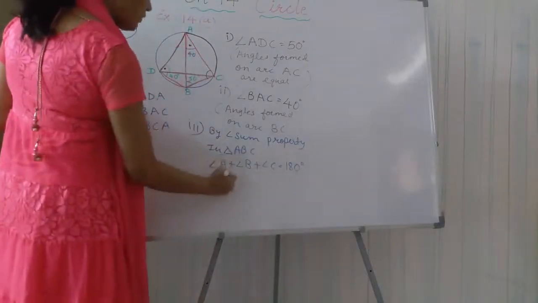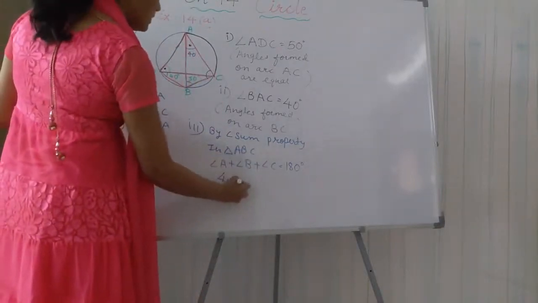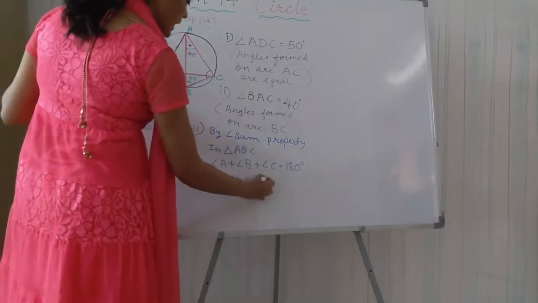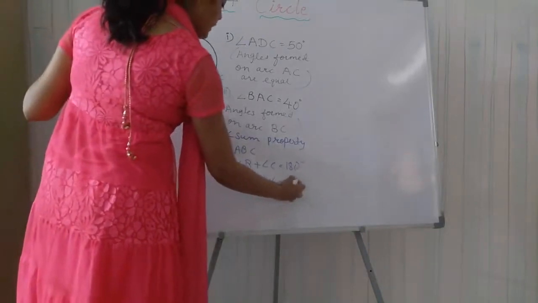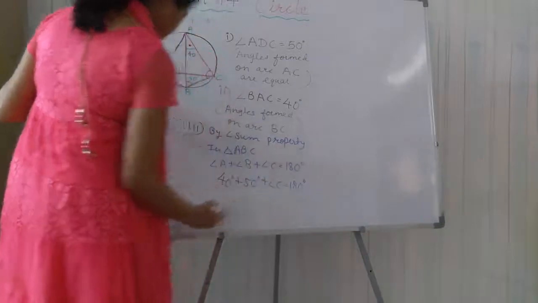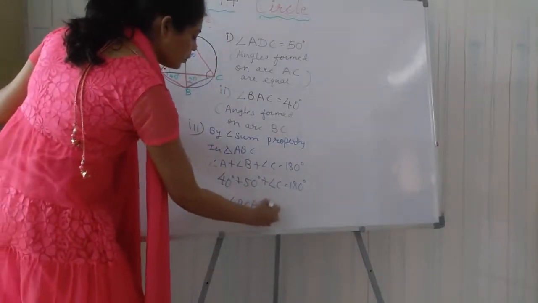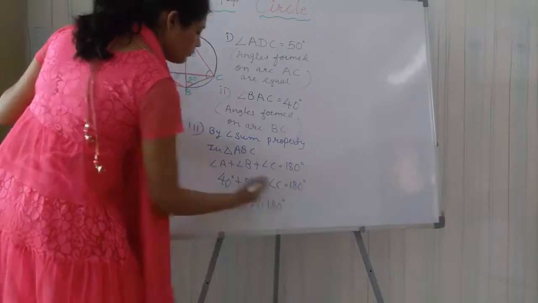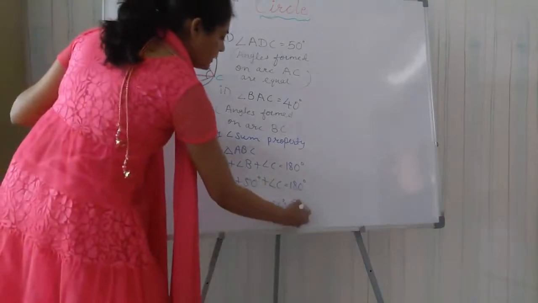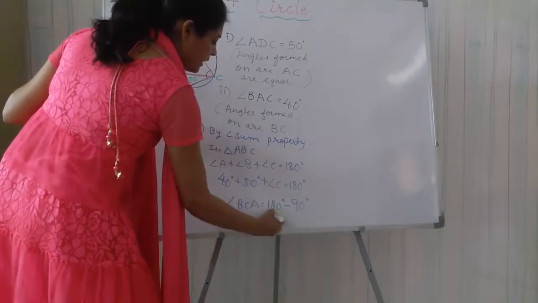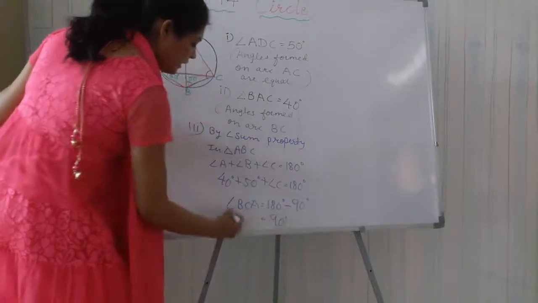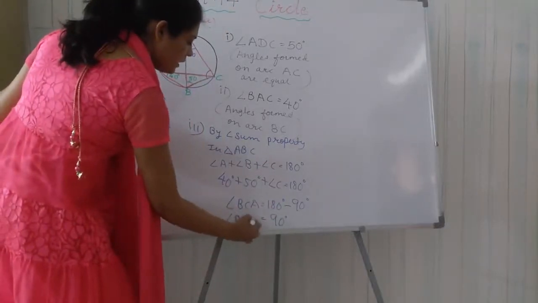Angle A is 40, angle B is 50 degrees, and angle C we want to calculate. So angle BCA is equal to 180 minus (40 plus 50), that is 90.